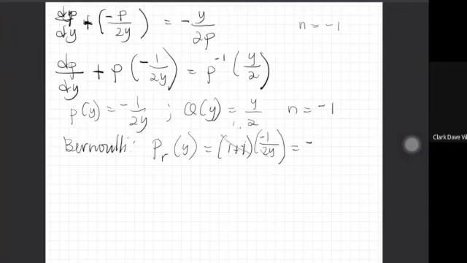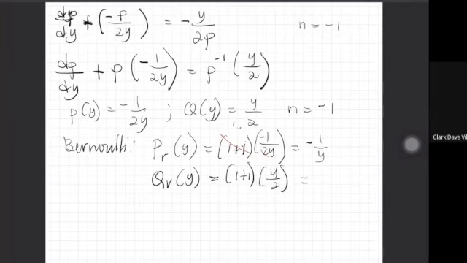So what do we have? Negative 1 over y. It's our PR of y, negative 1 over y. And our QR of y, we still have 1 plus 1, and our q of y is y over 2. So again it cancels, and we have y.